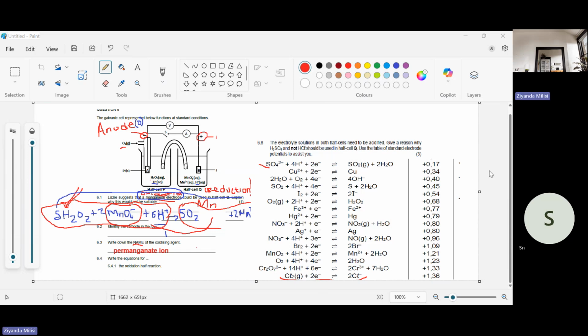Look at the strength of oxidizing ability. Now here is your table. You see, look at that table.